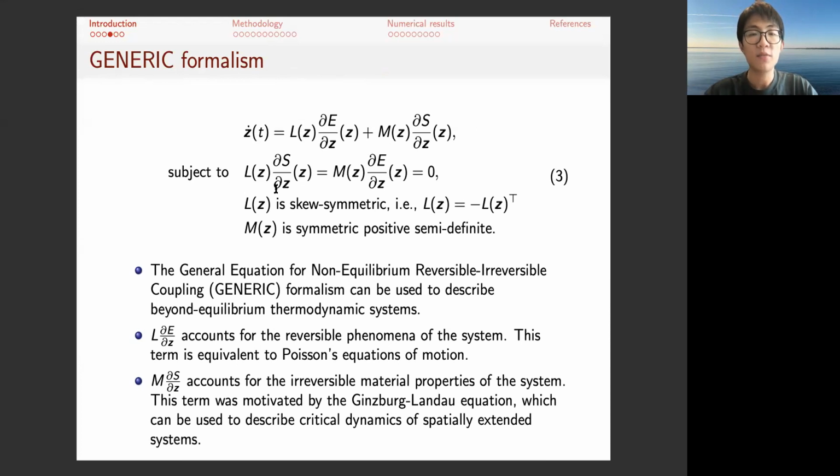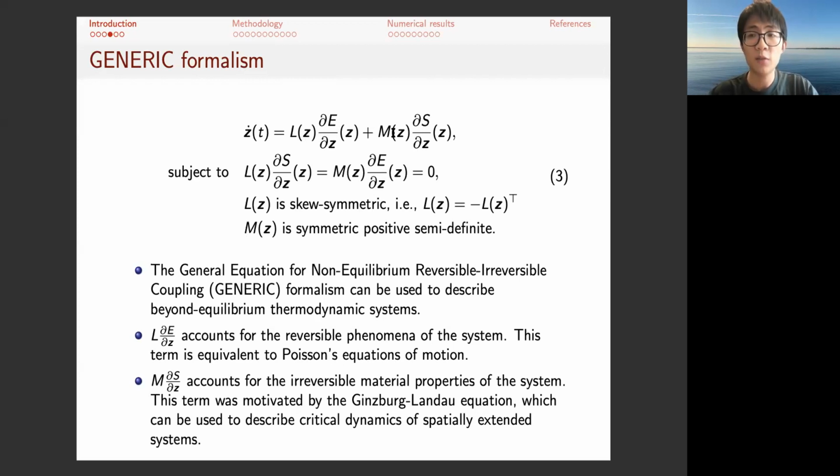It has to satisfy some specific degeneracy or consistency conditions: L times dS/dz should equal M times dE/dz equals 0, and L has to be skew-symmetric while M has to be symmetric, positive semi-definite. Here E is the energy of the system, while S is the entropy of the system. L is called the Poisson matrix, and M is called the friction matrix.